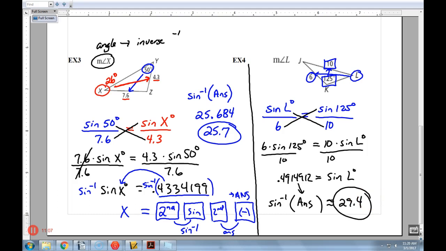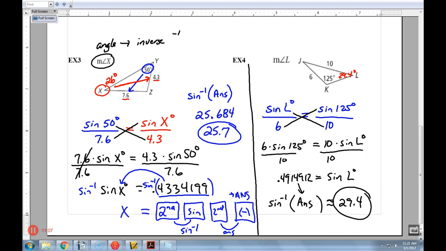Now as always, I go back in, I plop it into my picture and see if that makes sense. So L is 29.4 degrees, and I guess that looks okay. It looks like a pretty small angle according to the picture. It's across from 6, the 125 is across from 10, so I think I'm in pretty decent shape.